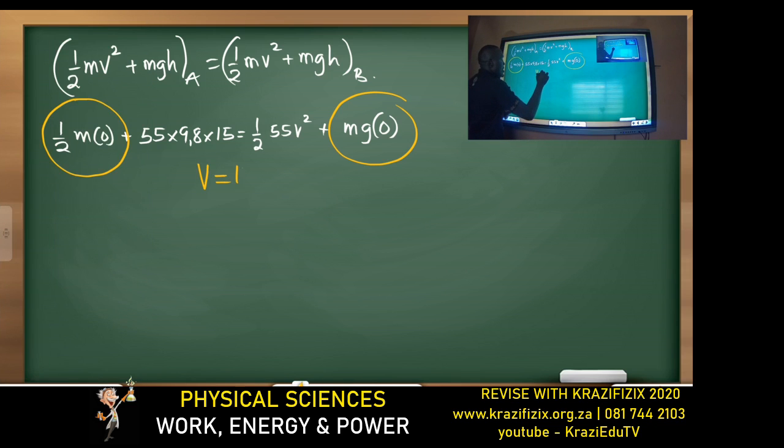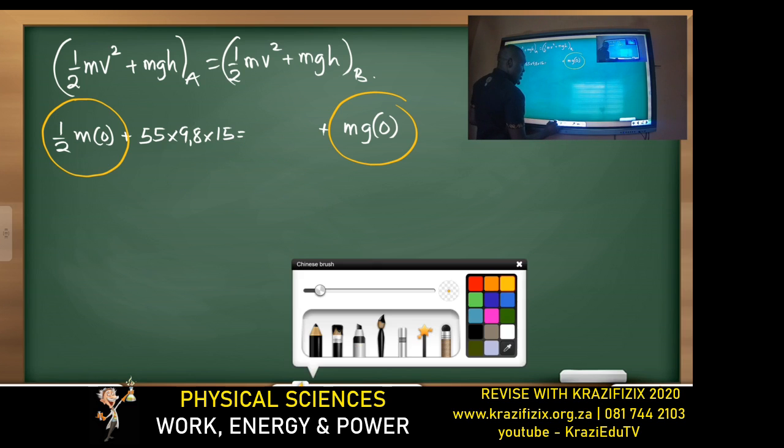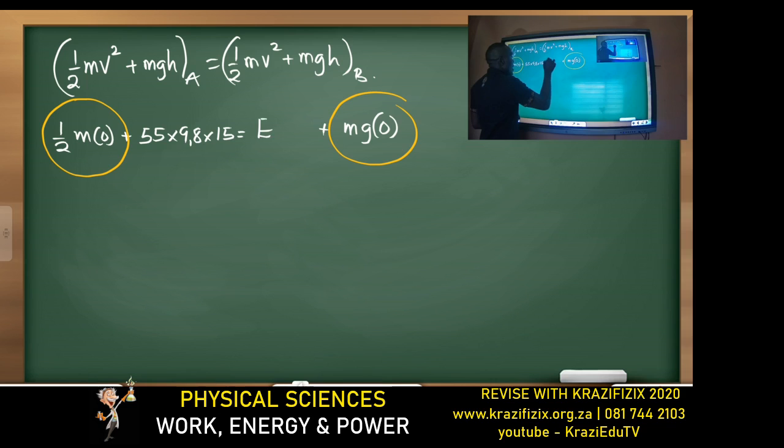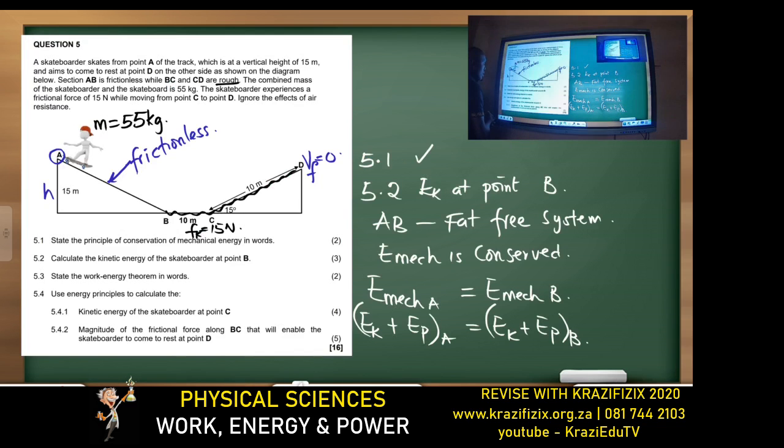So v is 17.16 meters per second. Oh no, guys, we shouldn't have done this. We are looking for kinetic energy. Sorry, I was looking for velocity. This is kinetic energy, so this is EK. My EK, I remember, is 294 joules. You don't need to get the velocity. You are wasting time.